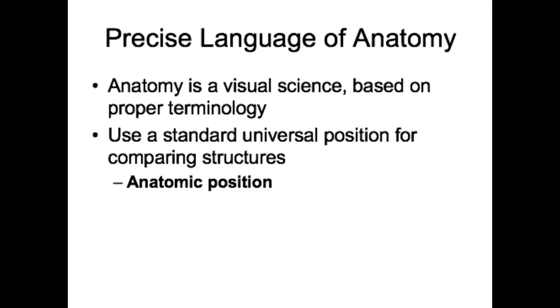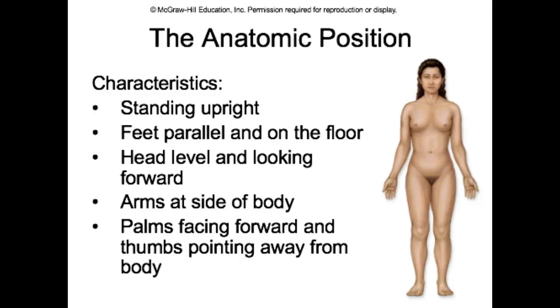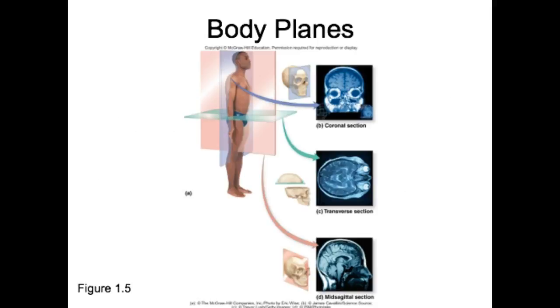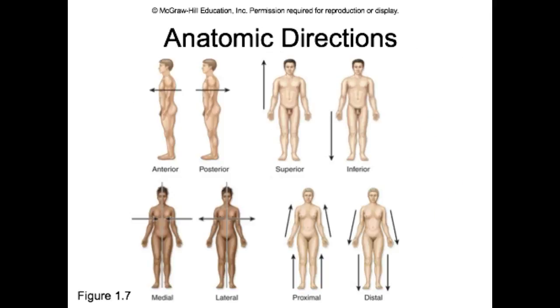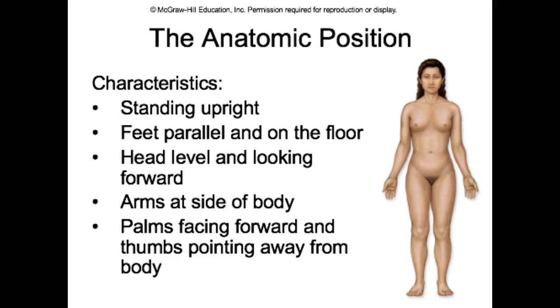That's why we have anatomic position and our anatomical relationship terms. They are not up, down, left, or right. You instead have things like this: anterior, posterior, superior, inferior, medial, lateral, proximal, distal, just to start out.